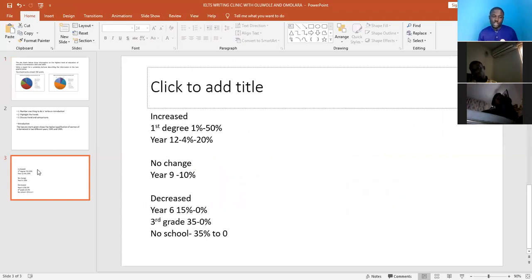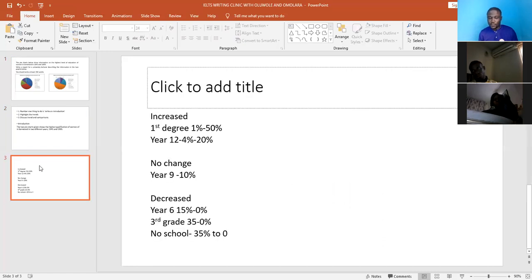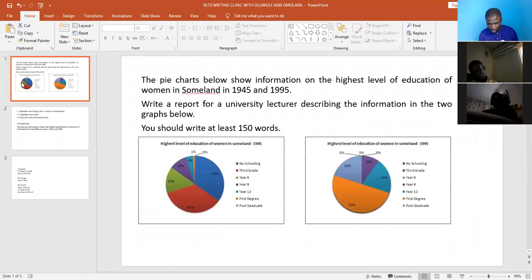So you are now going to introduce the general trend. For me, you look at it, first degree increased. I think I'm missing something. Postgraduates. Postgraduate 4%, 20%.